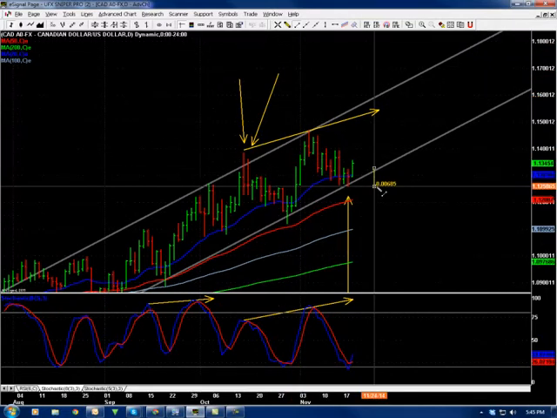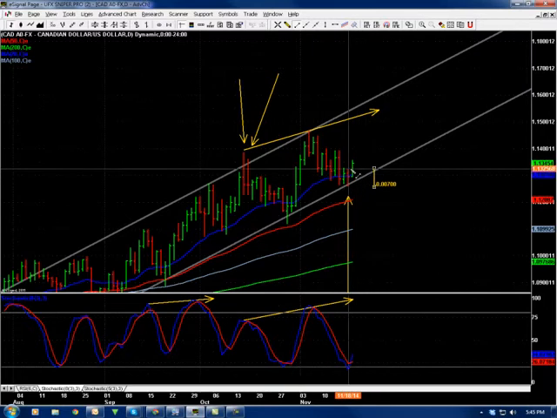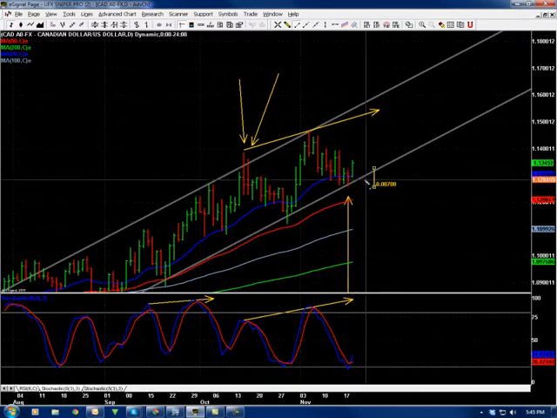Now let's have a look at the reward risk ratio. Let's assume that's the entry and that's a stop loss.